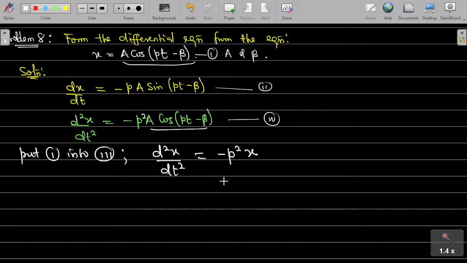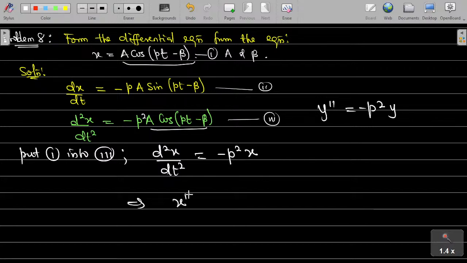Okay, and of course, have I been able to eliminate? Yes. Is there any other constant? Remember, we are told to eliminate a and b, and you can see there is no more a and b here. Okay, and you are done. It makes the whole work done. All right, so assuming this was in y, I can write it as y prime prime is equal to minus p squared y. Okay, but since it's in x, I can still put it in that form.